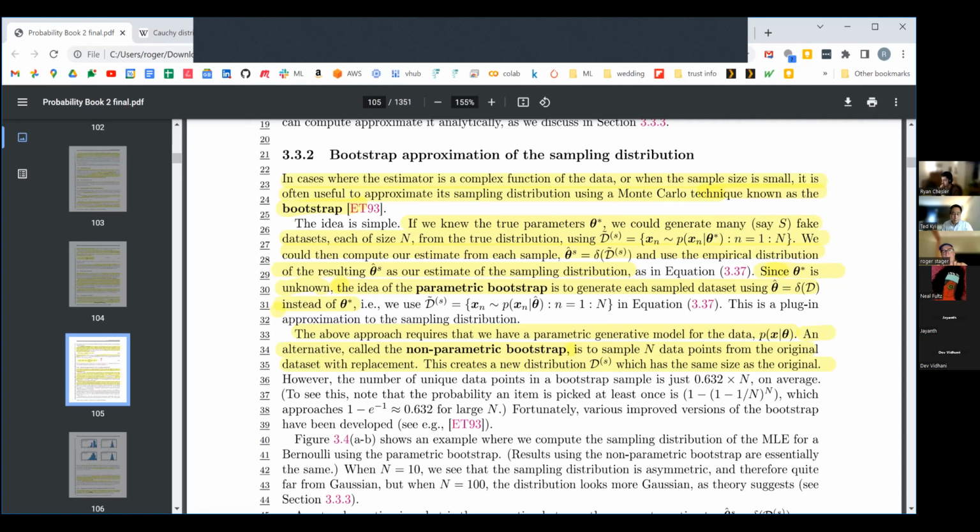Okay. What is the distinction between theta star and theta hat? My assumption was that theta star, in fact, they reference it right here, they say it's the real one, the true parameter. Whereas theta hat is the one that is computed from the data set using the, what did you call that?